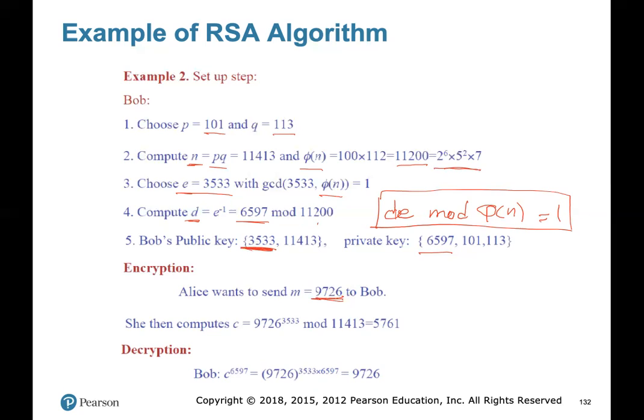So the message should be powered to the public key of Bob. So we calculate 9726 to the power of 3533. Of course, mod 11,413, which is our N. So this is going to be our ciphertext. This is C, or our ciphertext, which is our message to the power of E.